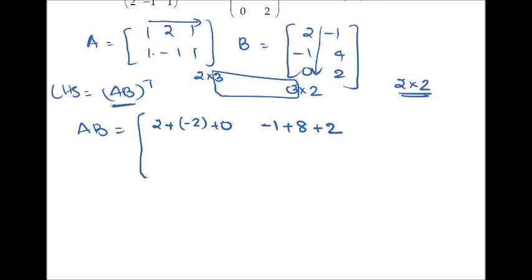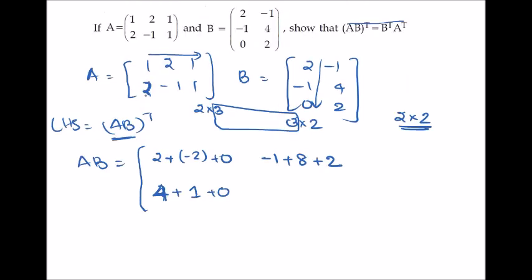Now in the second row, 1 into 2, that is equal to 2, plus minus 1 into minus 1, that is equal to 1, plus 0. Again, 2 into minus 1, that is equal to minus 2, plus minus 1 into 4, that is equal to minus 4, plus 1 into 2, that is equal to 2.